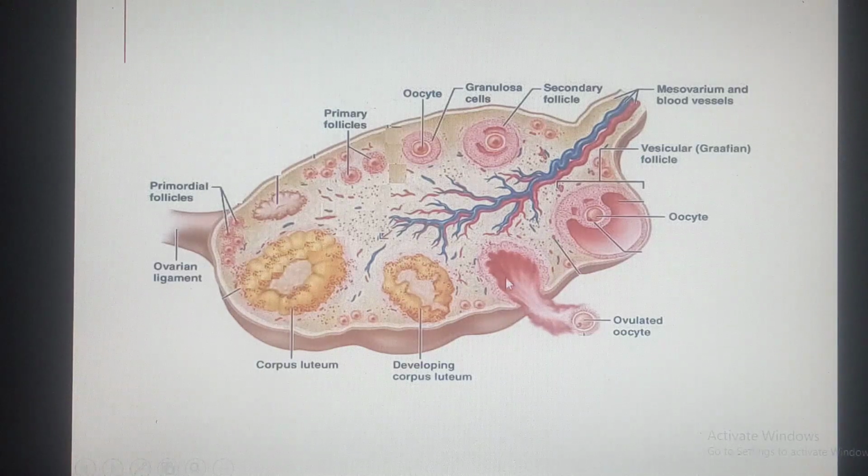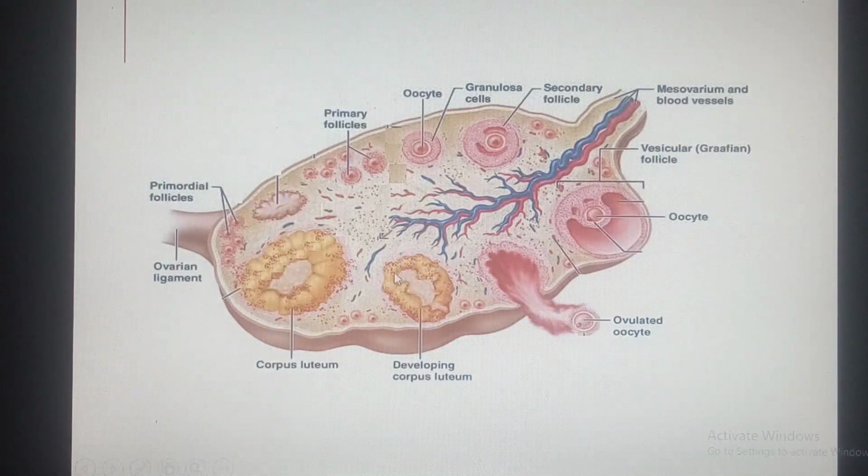Now this ovulation happened under the influence of luteinizing hormone. Therefore the development of this corpus luteum is also under the influence of luteinizing hormone. After all, it's called corpus luteum, so luteinizing hormone is going to help form this temporary endocrine structure. Now the granulosa cells of the remaining follicle are converted to become what we call granulosa lutein cells.